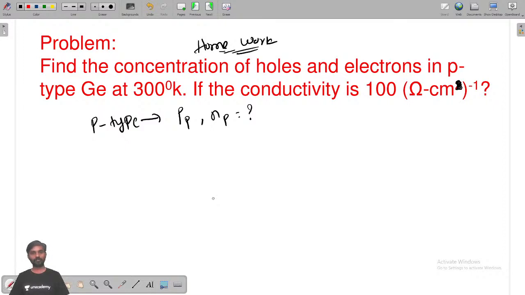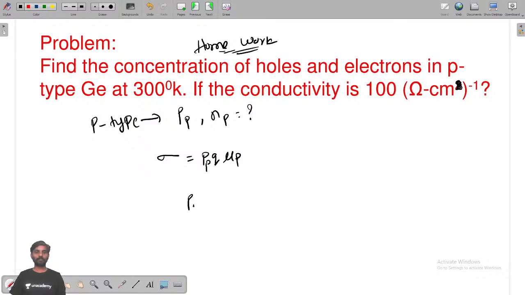The conductivity is given. For p-type material, conductivity means we get sigma equal to P Q mu P. It is asking for the hole concentration, this is PP.